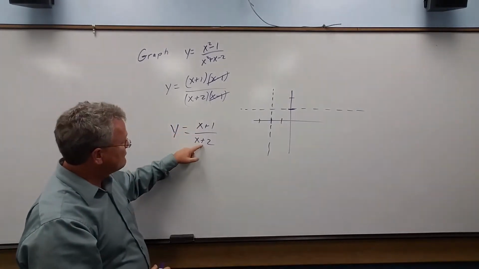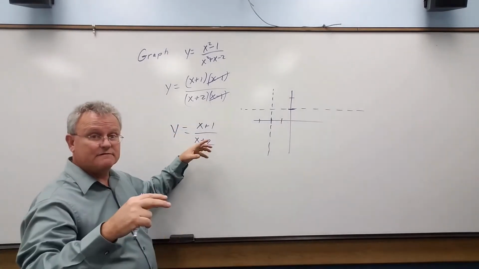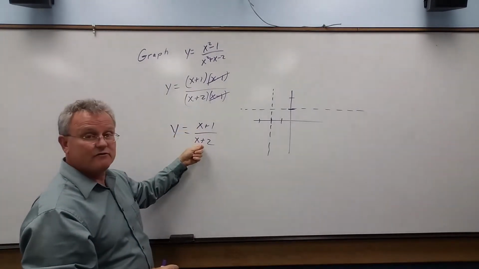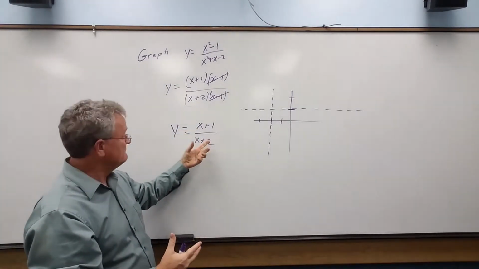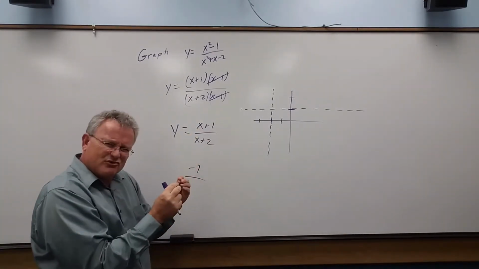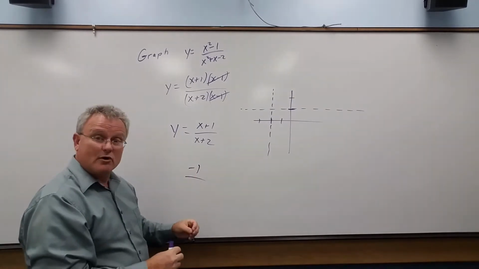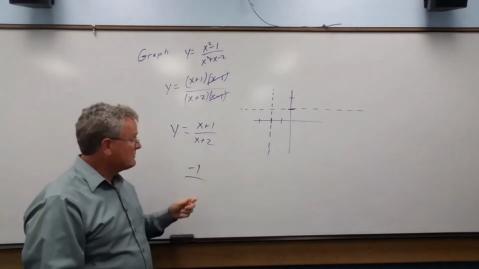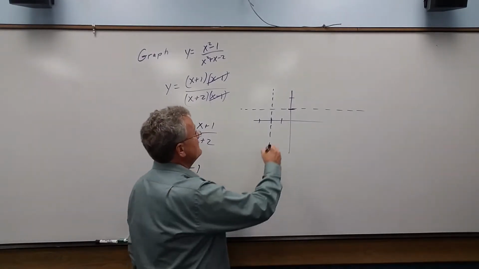And a negative over a really small positive is a really big number, but it's a negative, because a negative over a positive is a negative. So -1 over a really small number is a really big negative number.